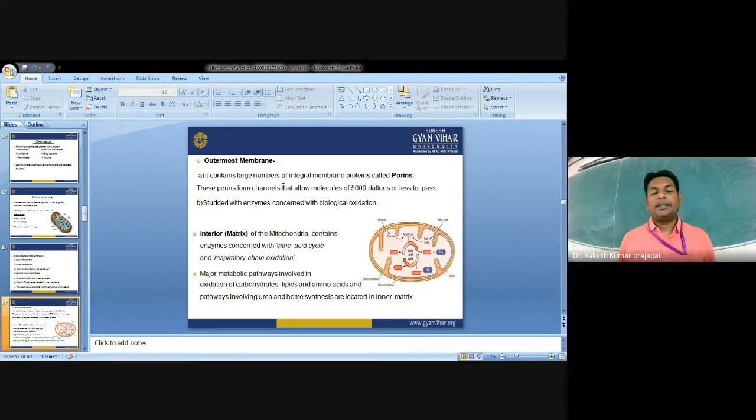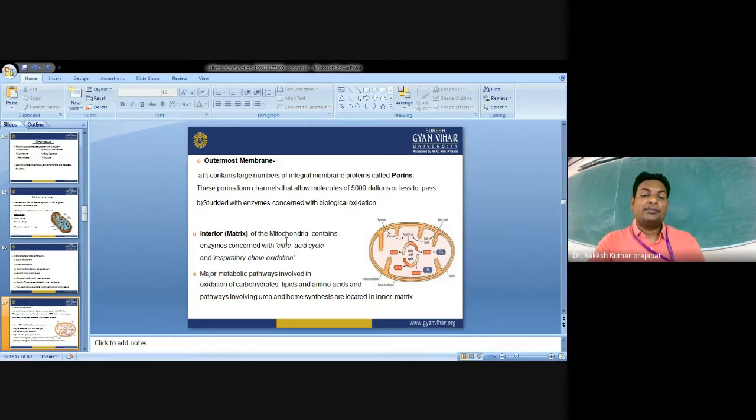The interior, or matrix, of mitochondria contains various enzymes which are concerned with the citric acid cycle. You know the citric acid cycle is a pathway of respiration. Respiration takes place in three major biochemical steps. First is glycolysis, which occurs in the cytosol.